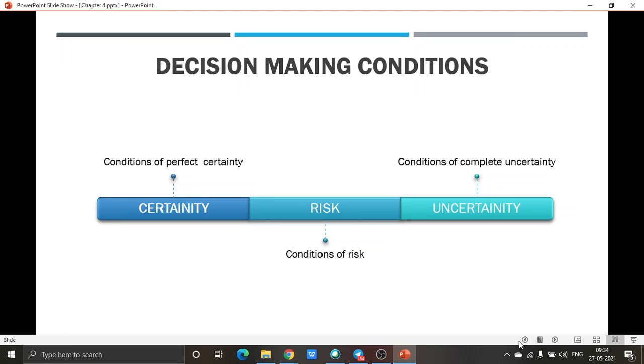So the next one we have is risk. Risk means that a decision has clear cut goals and good information, that is, information would be incomplete, but information would be reliable and factual.